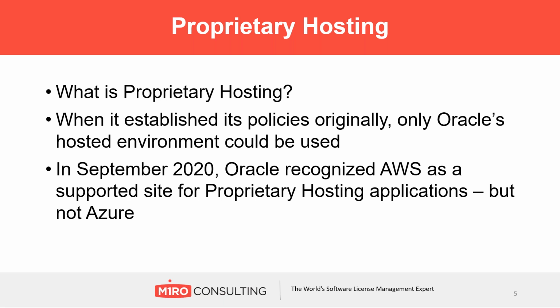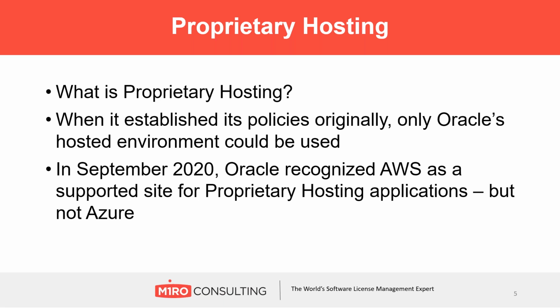Now, the way Oracle has treated this over the years is that you weren't allowed to host this anyplace. You could only host it on your own on-premise. That evolved several times. When Oracle was pushing their own cloud, then they were allowing it on their platform.